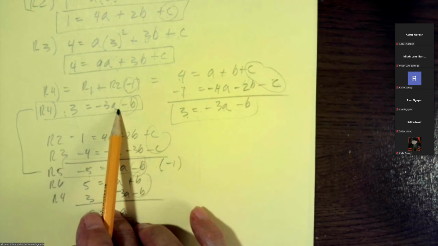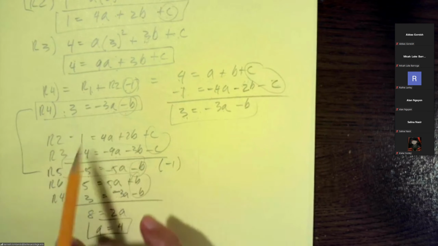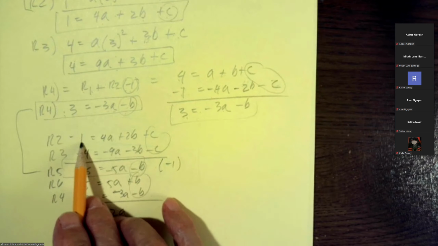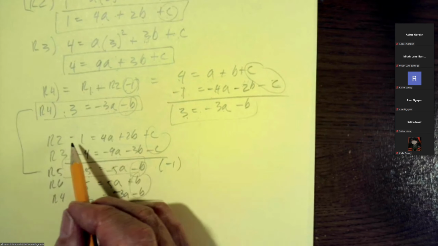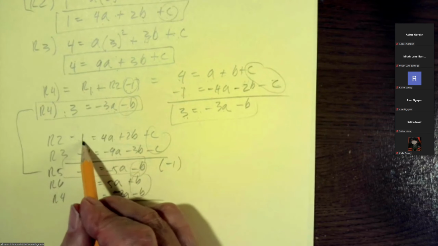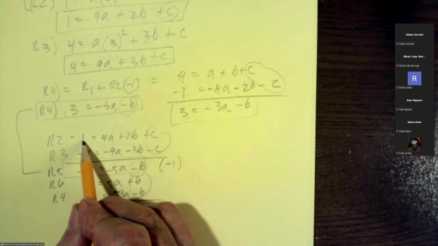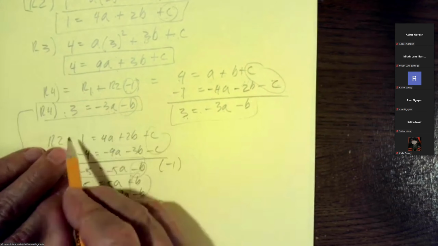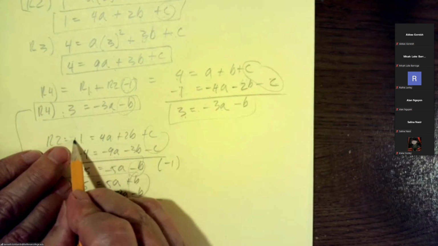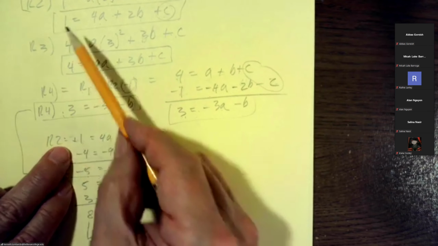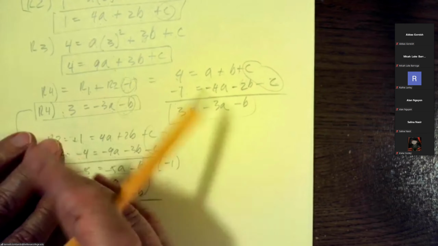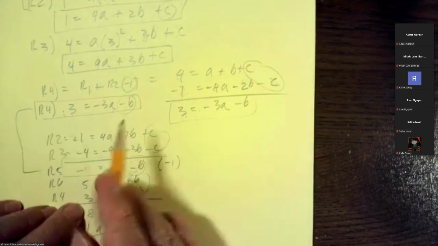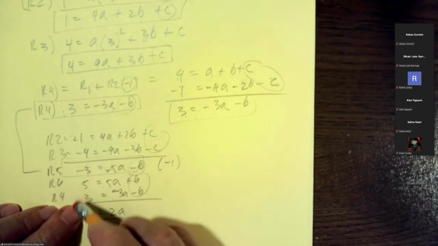And row 5, we said there was 5. Row 2 is 1. This is wrong. That's not a negative. That's an equals. That's a positive one, isn't it? Because row 2 is a positive one. So this becomes a 3. Got to be very careful as you go through this.